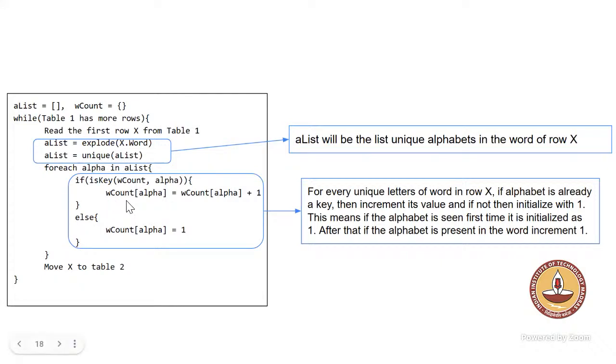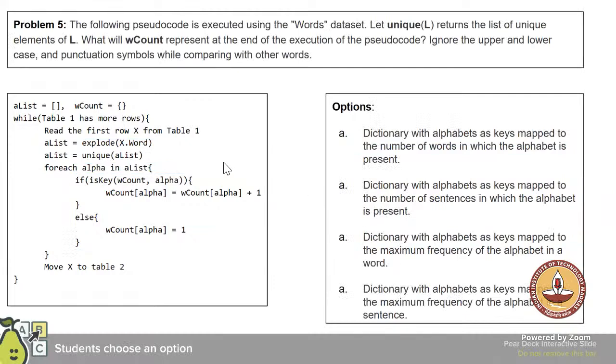But W count is a stationary dictionary, right? The dictionary is getting updated every time, but it remains the same dictionary. It's not changing for each and every new word. We are not getting a new empty dictionary for each word because it is outside, with no initialization. But the explode method will return a new list for each and every word.